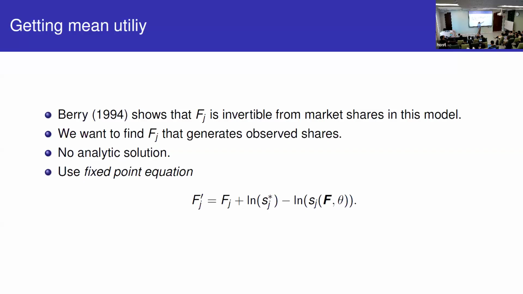If my model is generating lower market shares than my data, then this will be positive, and I'll try a higher F. And if it's generating market shares that are too high, then this will be a negative number, and I'll try a lower F. And you can imagine solving this by successive approximations, like plugging in an F and getting out a new F and repeating. And there's some more sophisticated methods out there, but usually that successive approximation works fine.